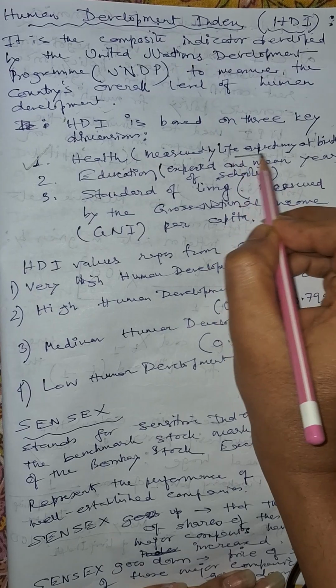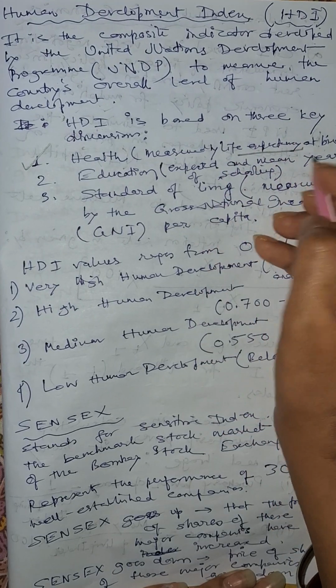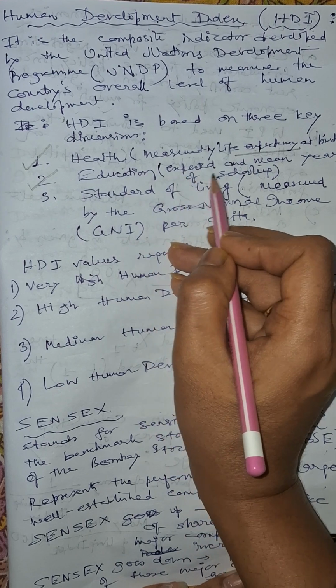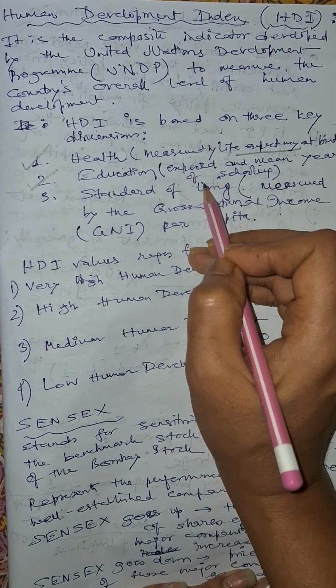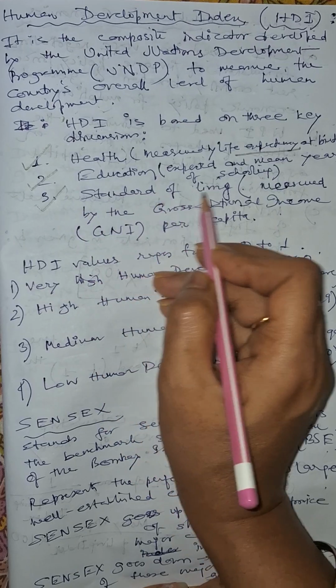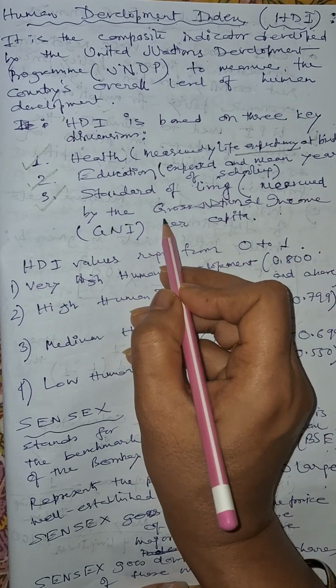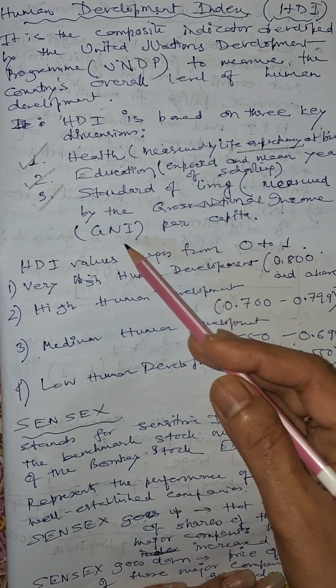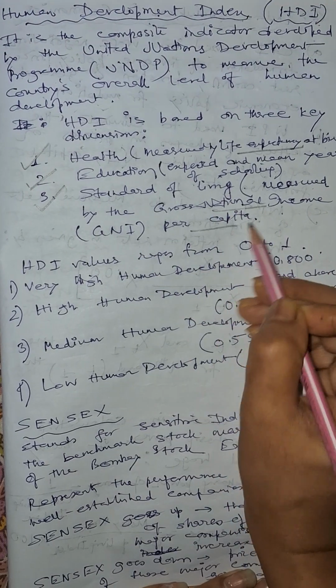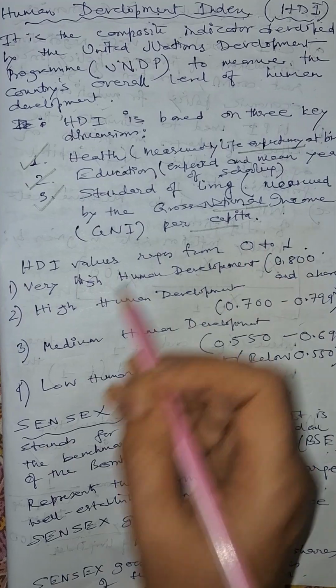We will understand life expectancy in the next video. Then education, which means expected and mean years of schooling. And the third one is standard of living, which is measured by the gross national income, or GNI per capita. This we will also understand in the next video.